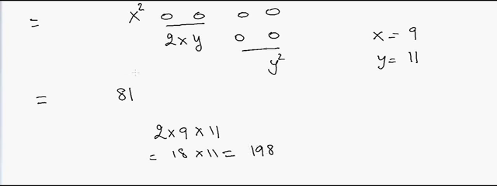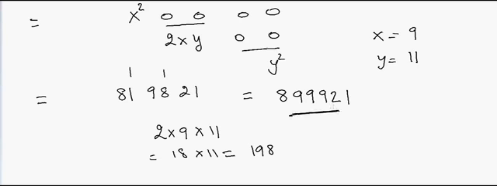So we'll have 198, and then we have y square. So 11 square is 121. So 21 and 1 carried here, right? So in that case the answer would be equal to 899921. So that's your answer.